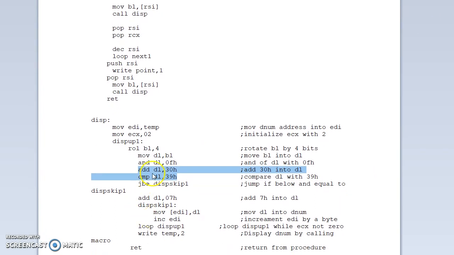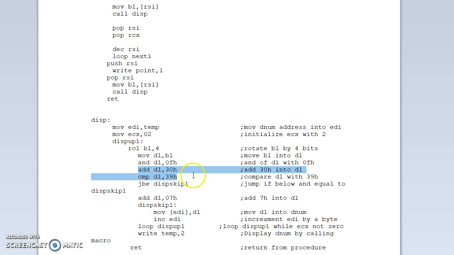If the digit is less than 9, 30 will be added to the digit. If the digit is greater than 9, then 37 will be added to it, and that value will be displayed on the screen. So as usual, the way we were converting from hex to ASCII, the same logic has been used in this program.